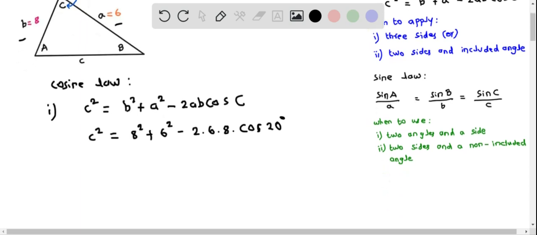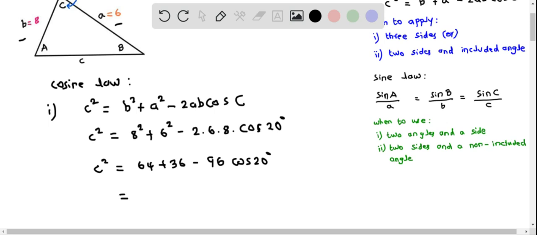Now we can simplify. In fact, we can plug this into the calculator to determine the value of c. Let me simplify this. This is 36 minus, we can multiply this: 2 times 6 is 12, 12 times 8 is 96, and then we have cosine 20. So let's plug this into the calculator.